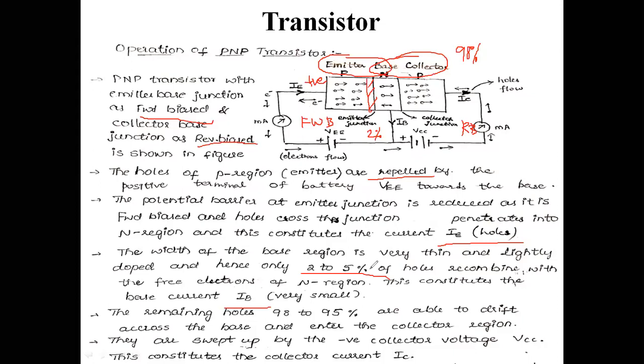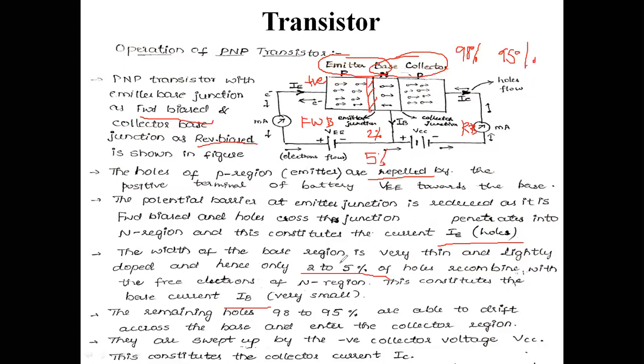Similarly, for example, if it is 5% transmitting current across the base, then I can acquire 95%, that is, the flow of current is 95%.